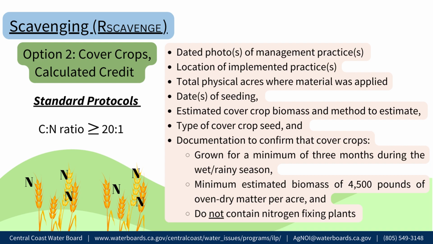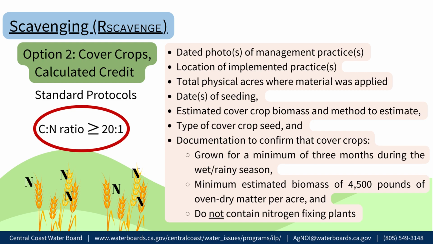To claim a calculated credit for using cover crops, growers must keep the same records listed for Option 1 cover crops, but also verify that the cover crop has a nitrogen to carbon ratio that is greater than or equal to 20:1. Please note vegetative food materials or crop residues left on the field are not considered cover crops and the credit may not be applied.